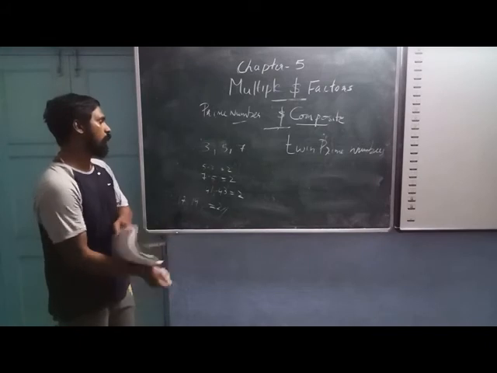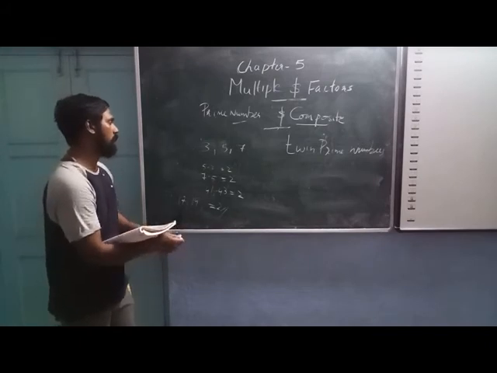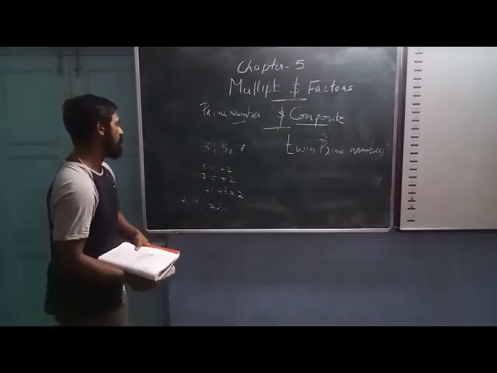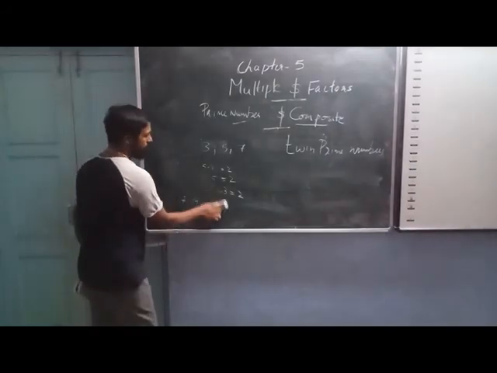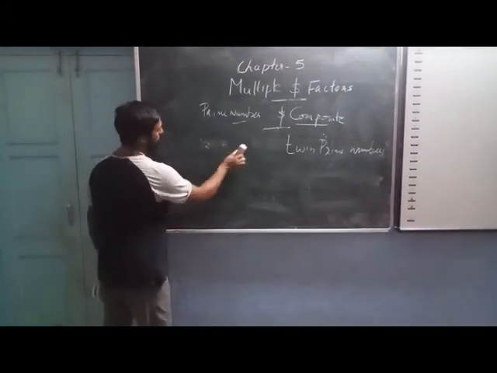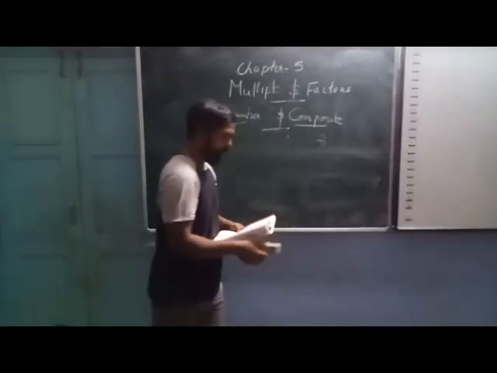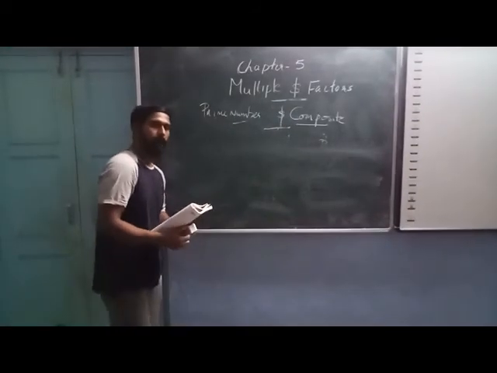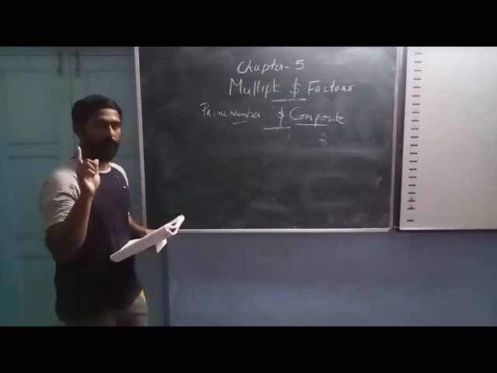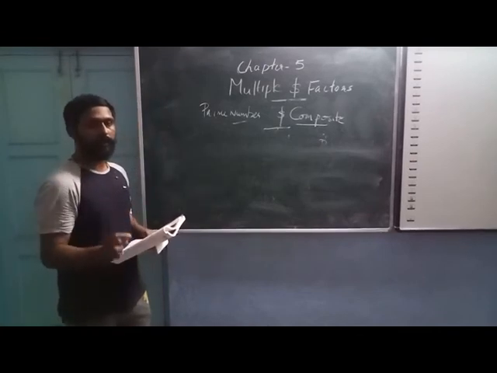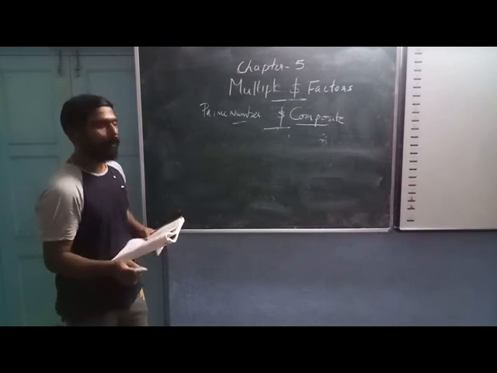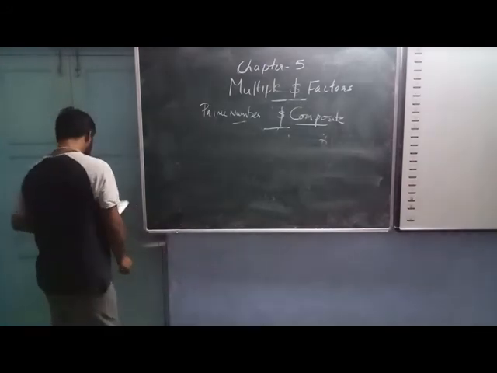And now the next topic that we are going to cover is co-prime numbers. How do we find out co-prime numbers? Co-prime numbers are numbers that have only 1 as their common factor and no other common factor. Such numbers are called co-prime numbers.